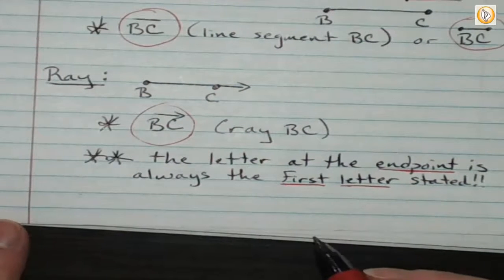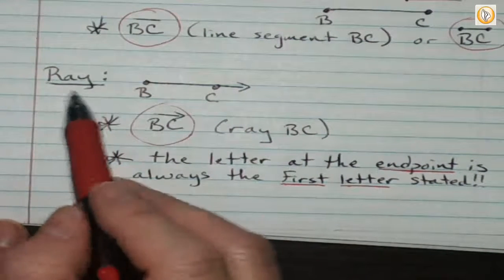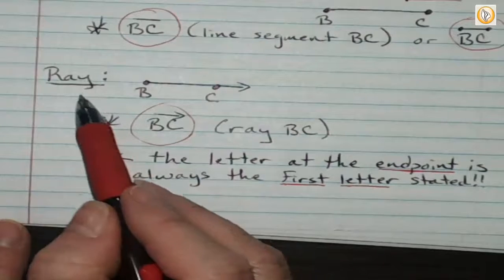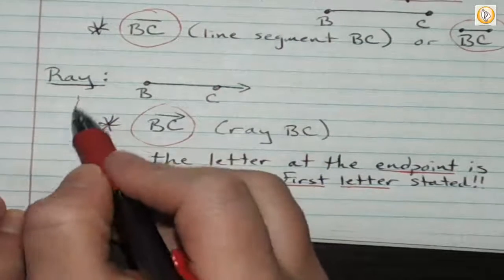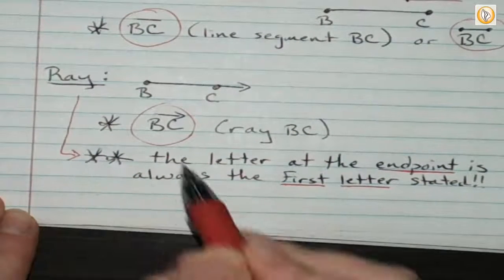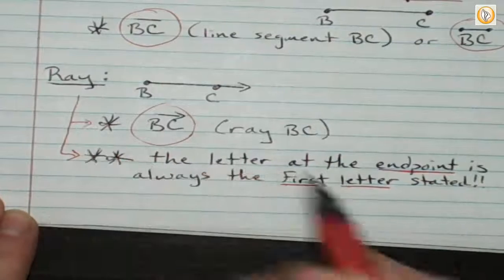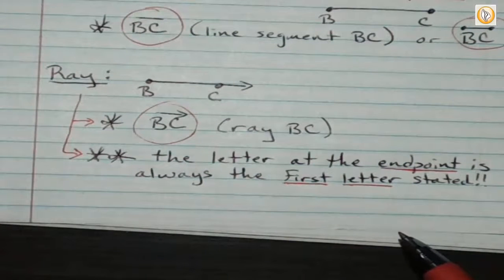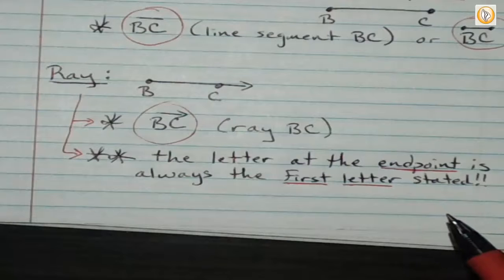But if it's a line, there is no endpoint. I'm talking about ray. This is all under ray. So whatever you write, it's BC with a ray symbol on top of it. Is it kind of like how B is always on the left and C is always on the right? Well, let's say it's going the other direction.